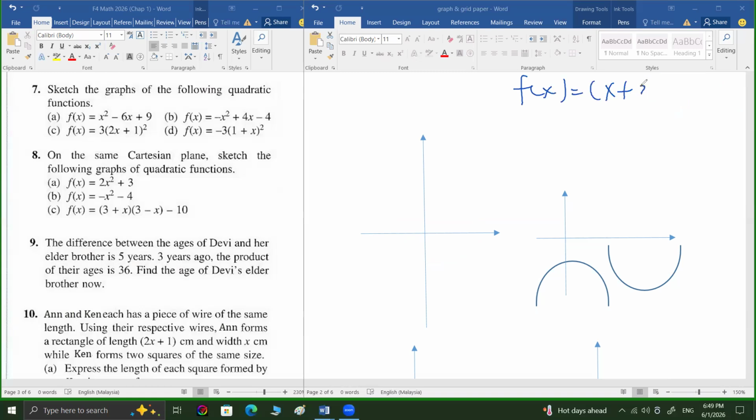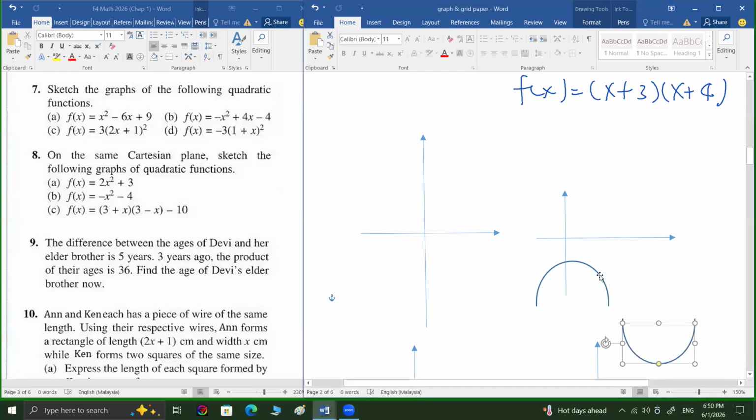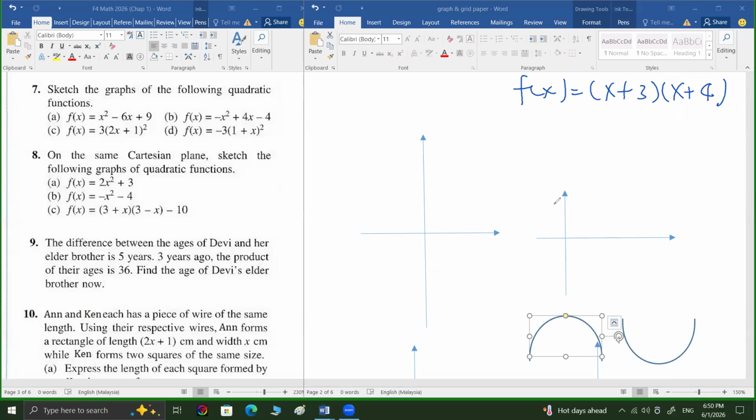x plus 3, x plus 4. So when I sketch, it's like this. Here, sorry, I made a mistake.